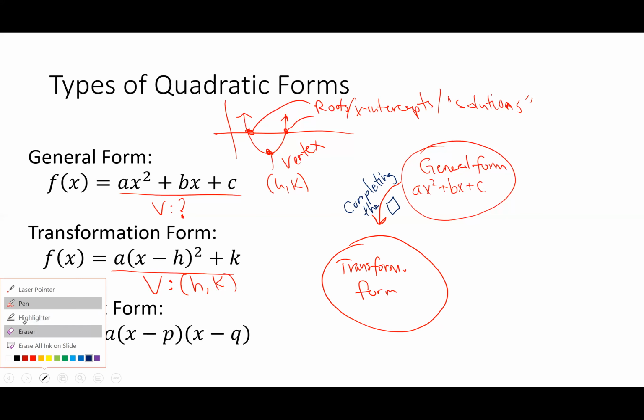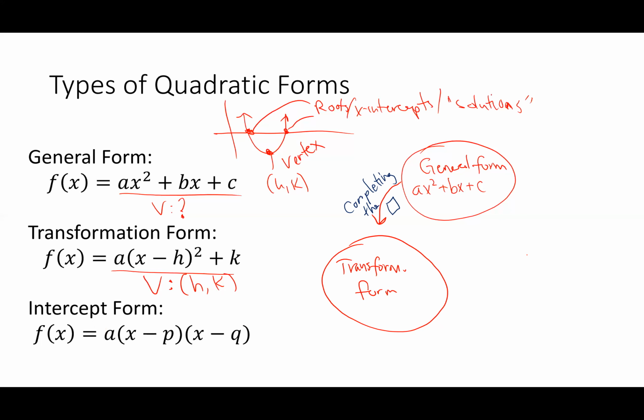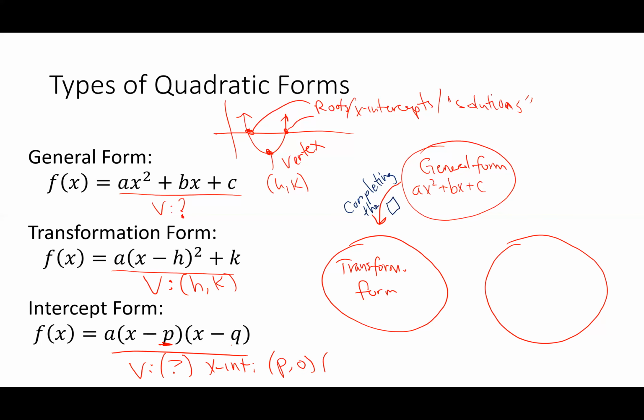Now, we also have intercept form, which is this guy here. And this doesn't really tell me a whole lot of information about the vertex. That's not necessarily clear, but the x-intercepts are going to be at the coordinate pairs (p, 0) and (q, 0), since the y value obviously has to be 0.